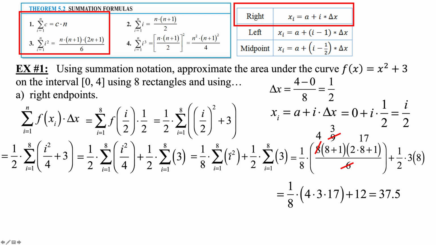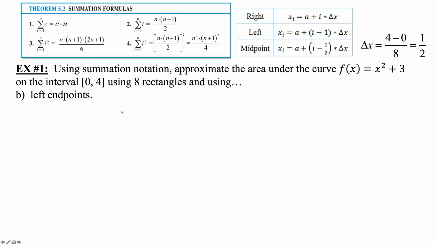Okay, and that's how we use this rule. We're going to have to make sure you know that for the test. If you're going to do a right endpoint, we can take this adjustment to your x sub i into your function, and then we can use our summations for it.